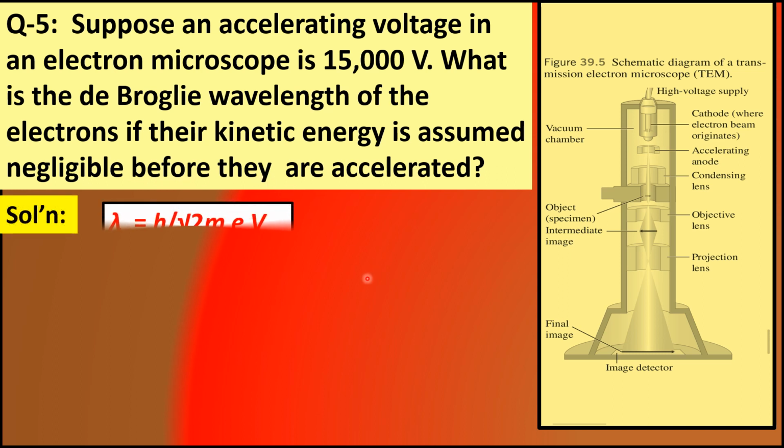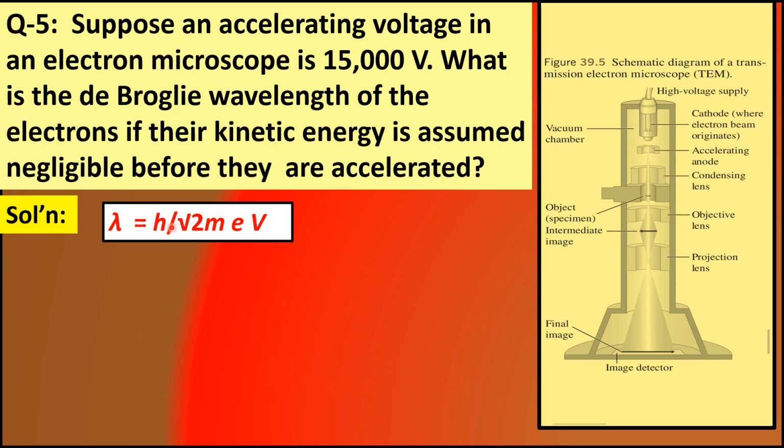For the solution, we have this derived equation in finding the wavelength lambda, and it is equal to Planck's constant divided by the square root of twice the product of the mass of the electron and its charge, multiplied by the given accelerating voltage.